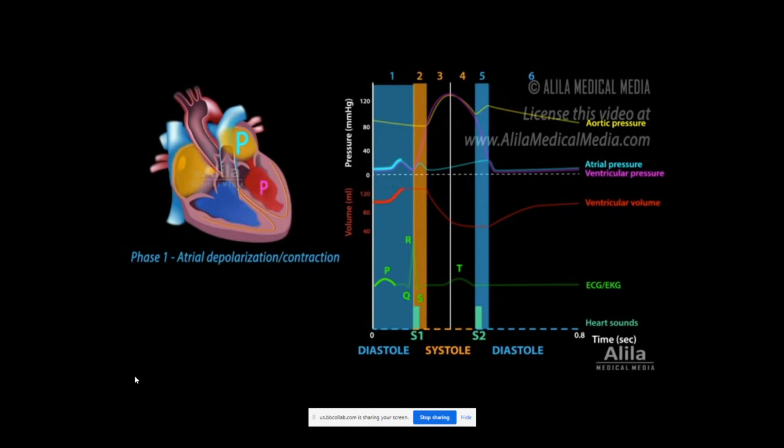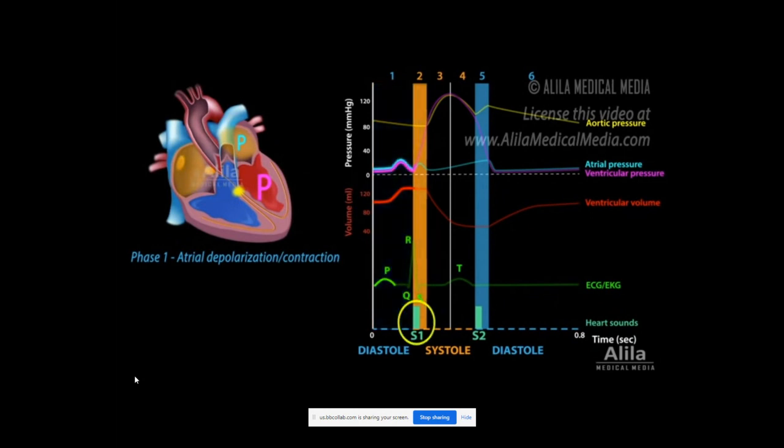Atrial contraction, however, only accounts for a fraction of ventricular flow, because at this point, the ventricles are already almost full with passive blood flow down the ventricles through open AV valves. As atrial contraction completes, atrial pressure begins to fall, reversing the pressure gradient across the AV valves, causing them to close. Closing of the AV valves produces the first heart sound, S1, and marks the beginning of systole.